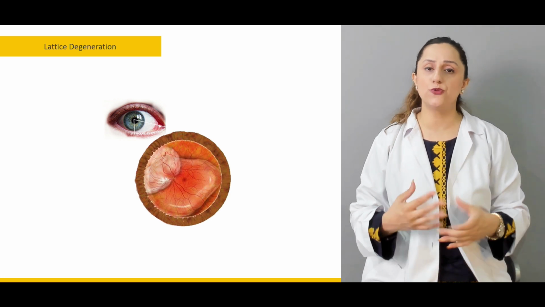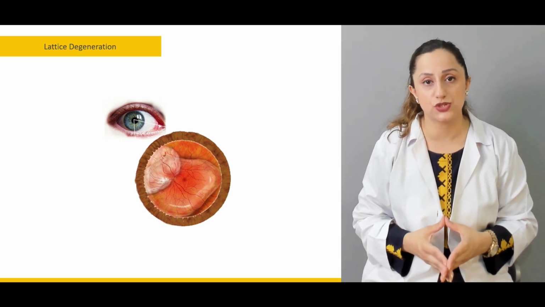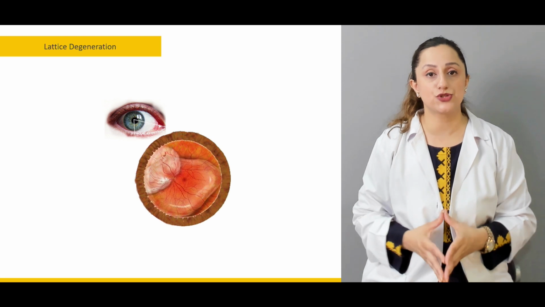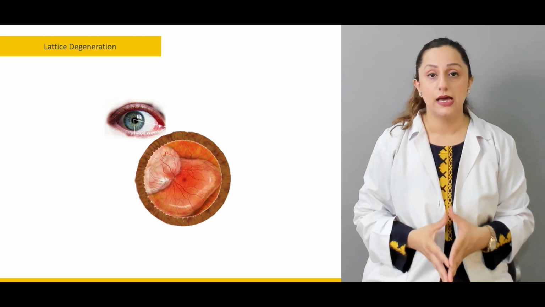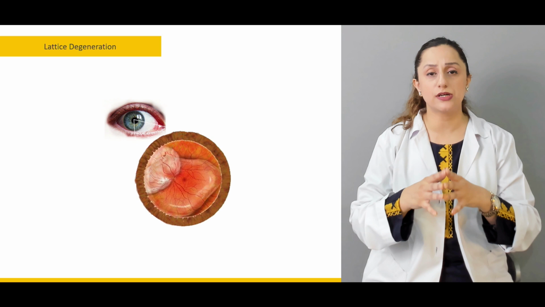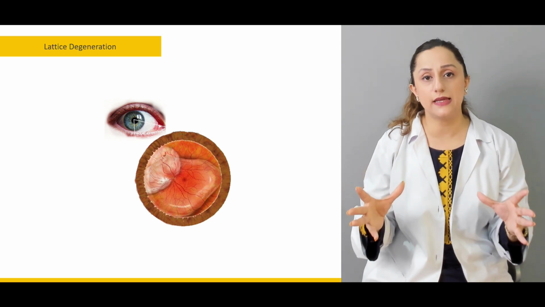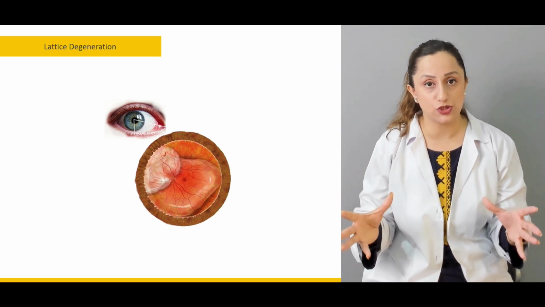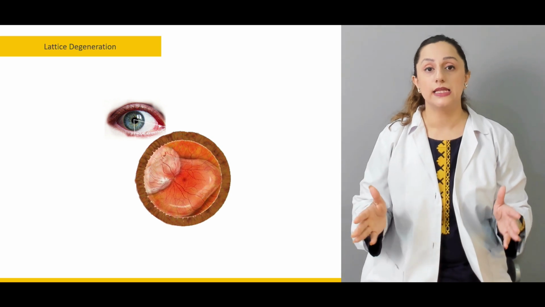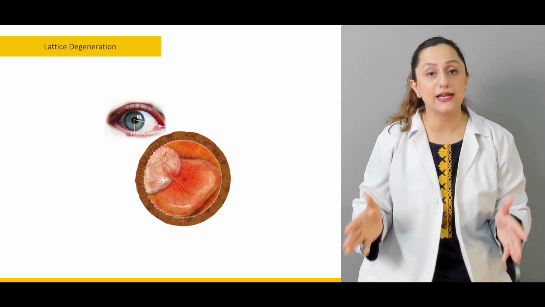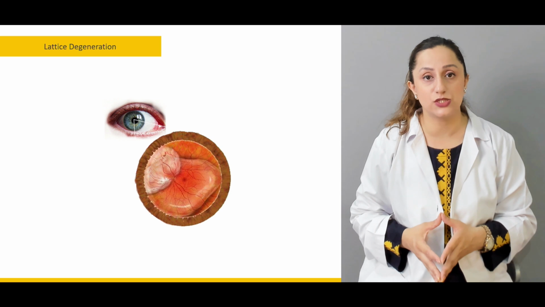Again, the history would be quite typical in these patients. The patients would give you a history of decreased vision. There would be a grayish hue seen in the visual field of these individuals. There can also be floaters or flashes observed by these individuals.